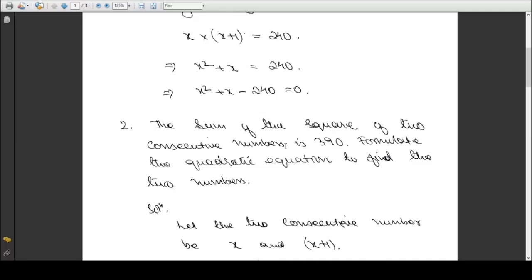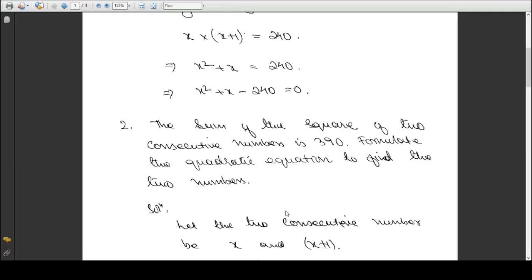That means any number, like the first problem that we have just solved, if you take x as the number, then the consecutive number will be x plus 1, isn't it? Let the two consecutive numbers be x and x plus 1.